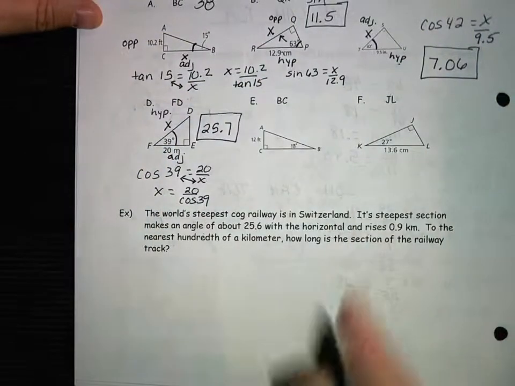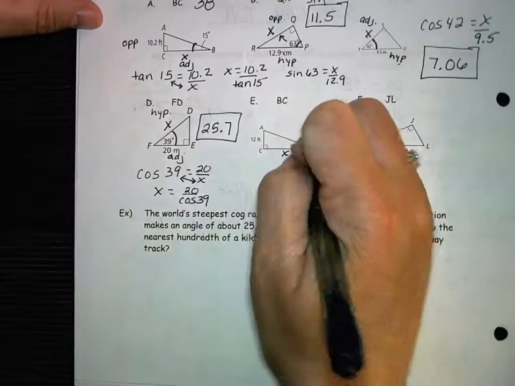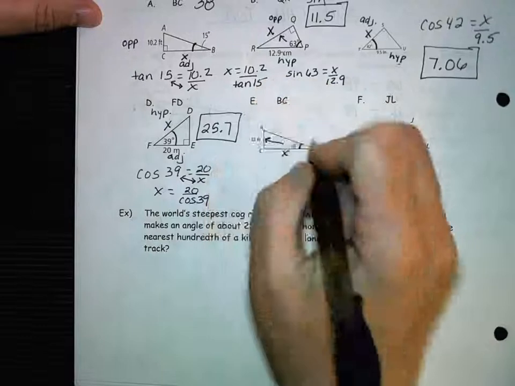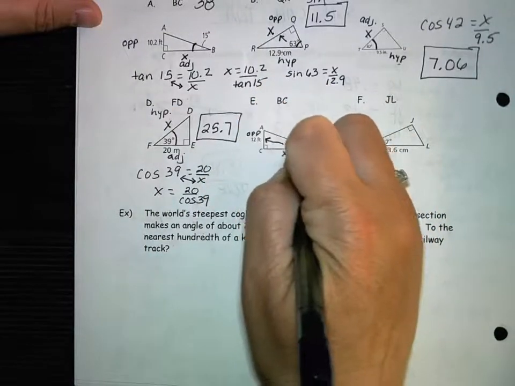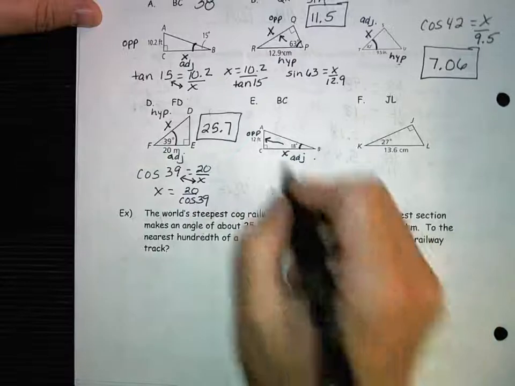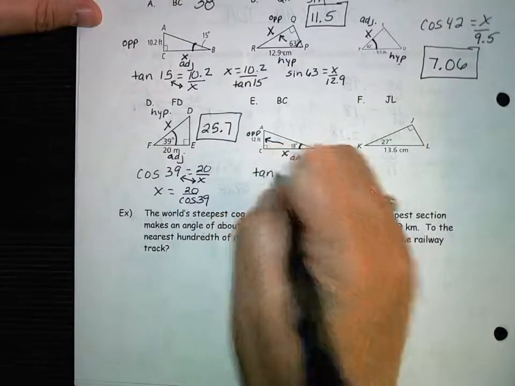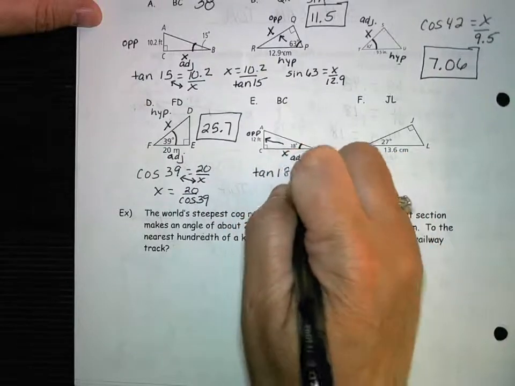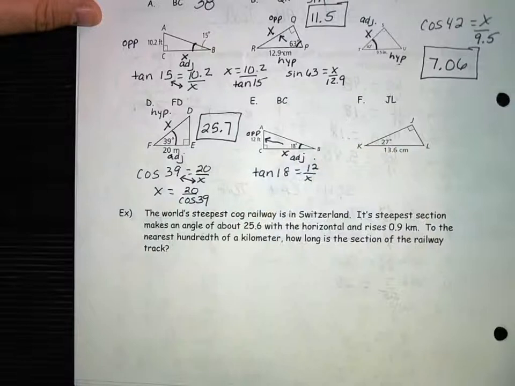The next example, we are asked to find BC. This is the angle that we know. That is the opposite side. And this is the adjacent side. Opposite over adjacent is tangent. TOA, opposite over adjacent. So we have the tangent of 18 equals 12 over x.